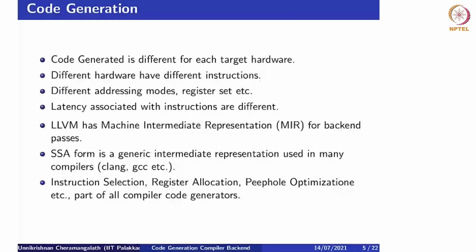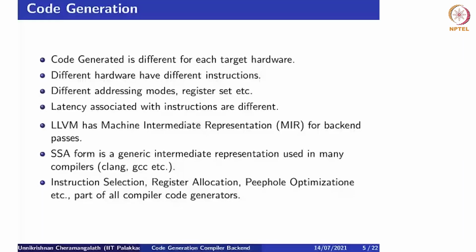This is also generic to all compilers, even Clang or GCC. So in this first part, I'll cover these processes, with concepts of register allocation and peephole optimization, independent of a tool like LLVM.